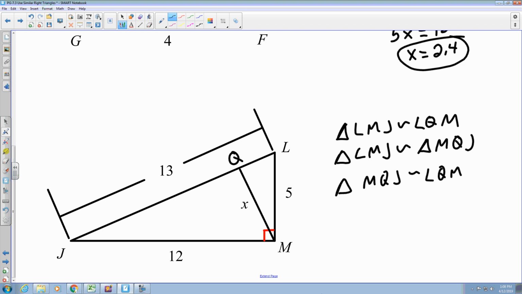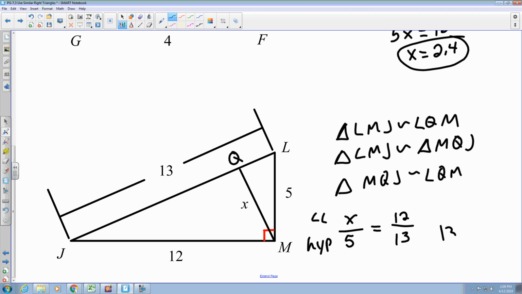And again, we're going to have to find something that we know. So I'm just looking at this small triangle, LQM. It appears that x is my long leg over, I know that LM is my hypotenuse. So looking at the larger triangle, my long leg is 12 over my hypotenuse is 13. I can set this up now to solve for x.